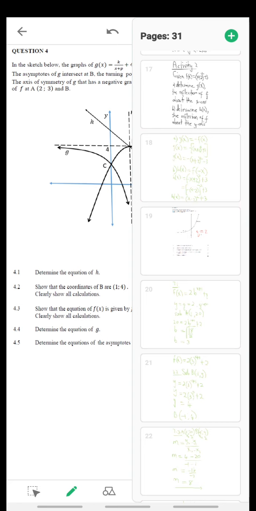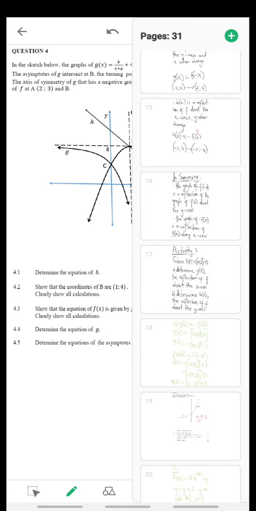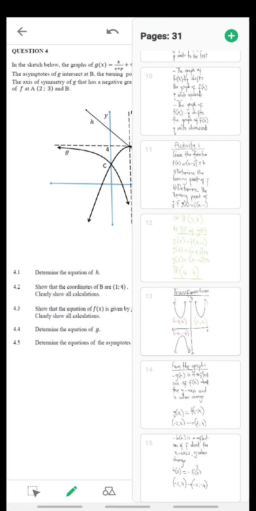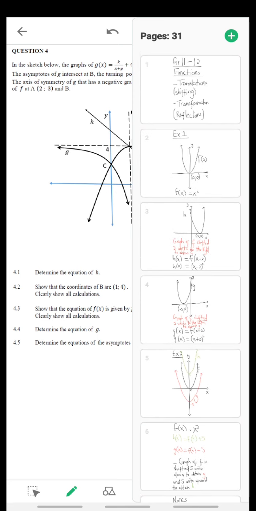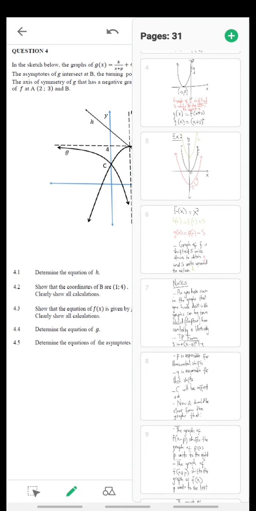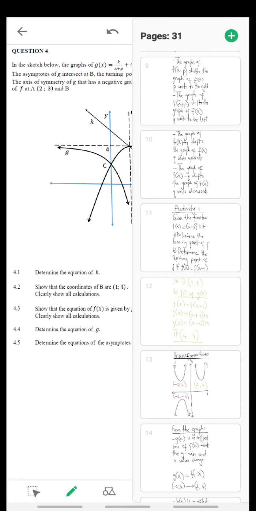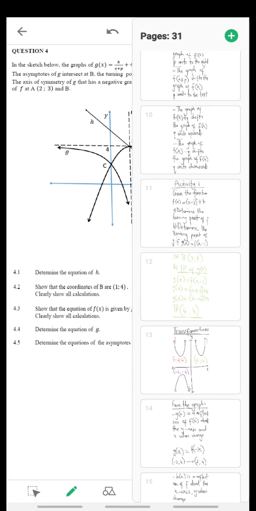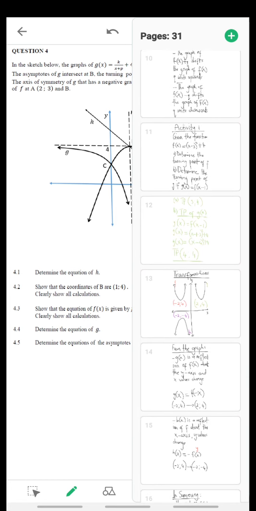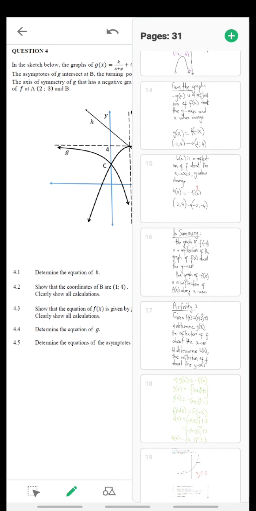The other thing that is very, very important that we have covered in this session are the translations. You need to make sure that you get your translations very, very well, because you will be examined on these questions. They love to give you questions on transformation and translations, and once you practice a lot of these questions, then you will be able to get all your marks. But if you practice only a few questions, then you stand a chance of not getting full marks for this part.